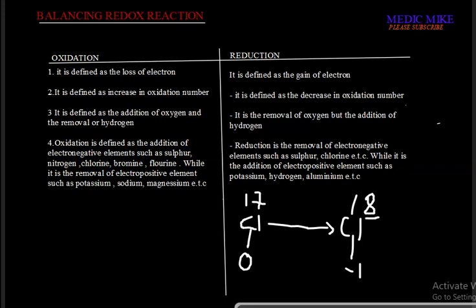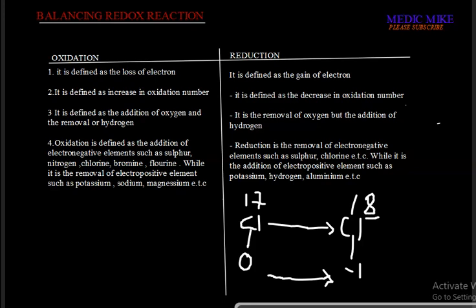So here we can see that there has been reduction, or decrease, in oxidation number from 0 to -1, because 0 is definitely bigger than -1. Now you can simply go back to this video and look at the removal of oxygen and the addition of hydrogen in that previous reaction I showed you, and see how it is done.